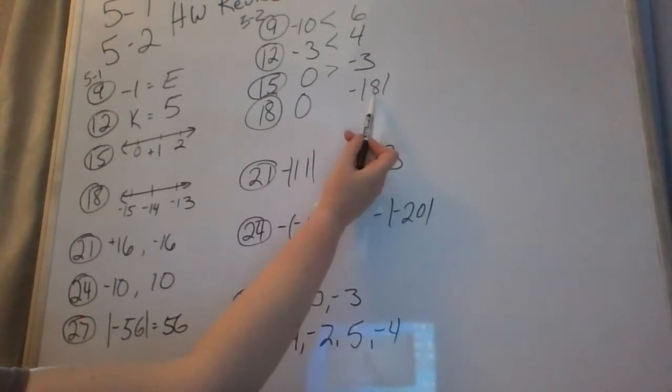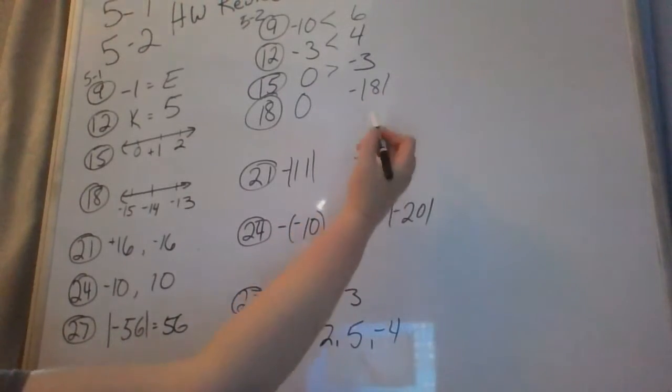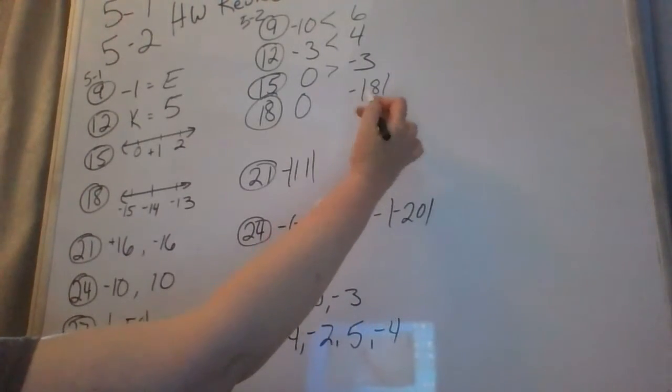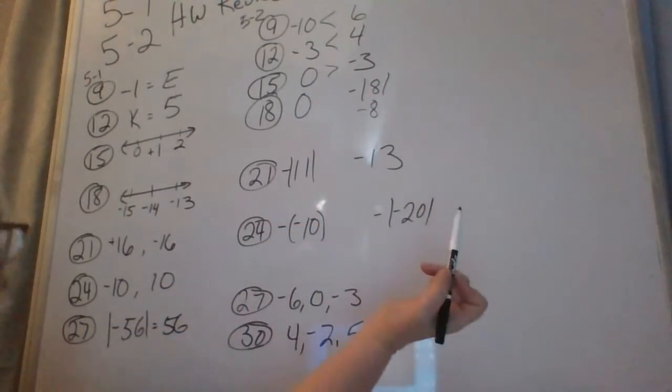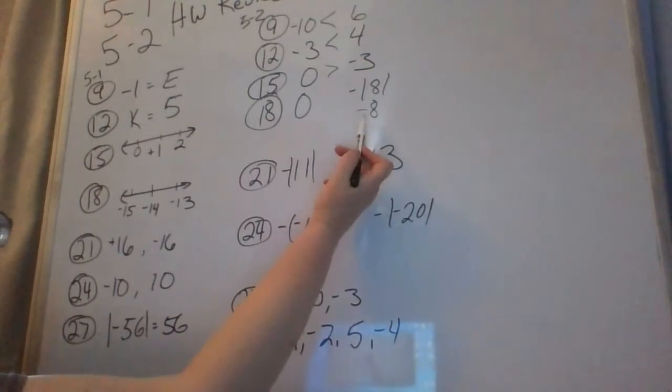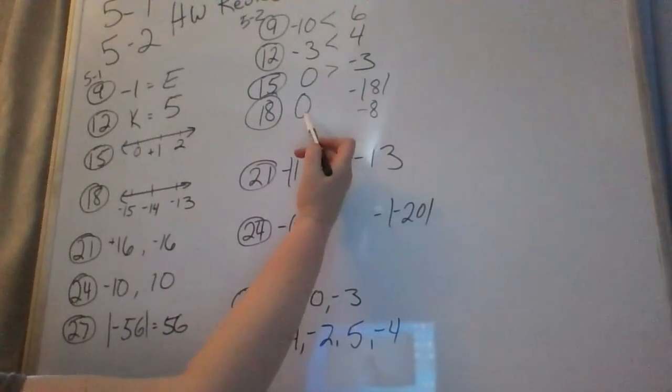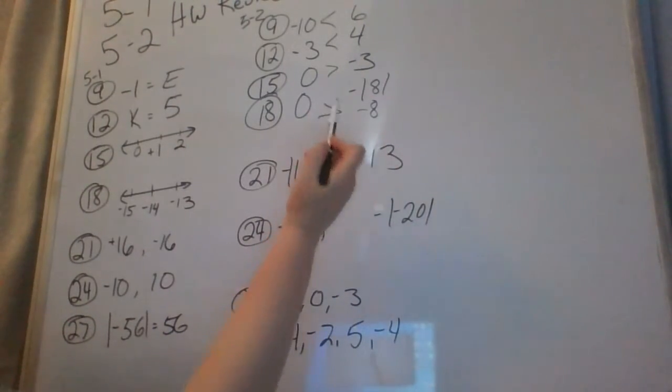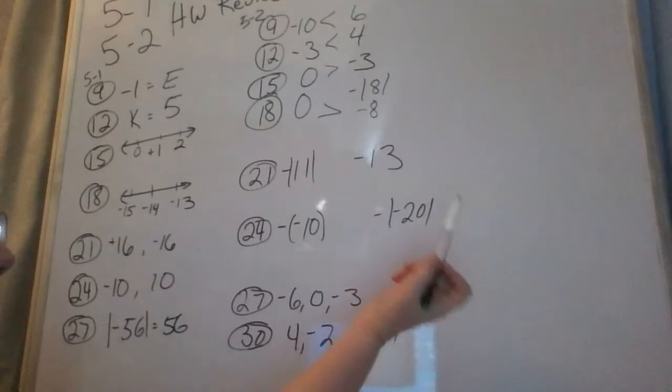What these absolute value signs are asking is how far is +8 away from 0? Well, it's 8 away from 0, and then we still have that negative out in front. We're really and truly talking about -8 here, and we know that 0 is greater than -8.